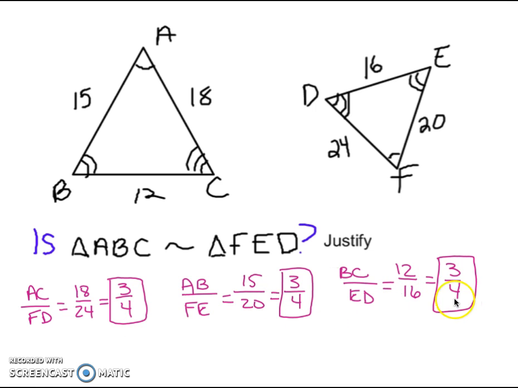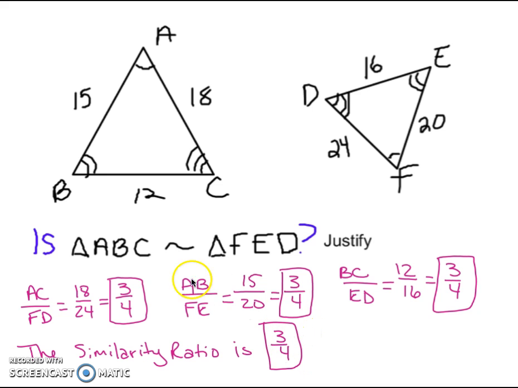So we see for each of these, when we set the sides up and we find the similar sides, the similarity ratio, so we'll just write that. Similarity ratio is 3/4. So we would say, yes, these two triangles are similar, and that's how we would justify it.